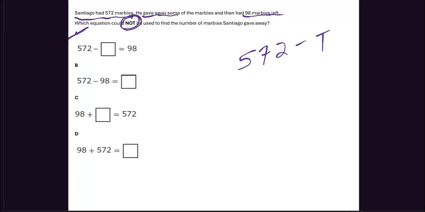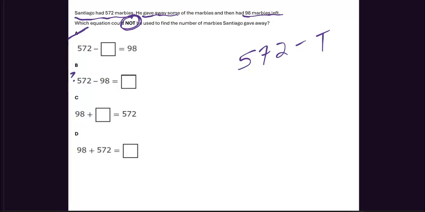B, 572 minus 98 equals blank. Okay, that would not work because it is telling us they took away 98, and that's not what they did. We don't know how many they took away. So B would be a maybe because it would not be the correct way to do it.